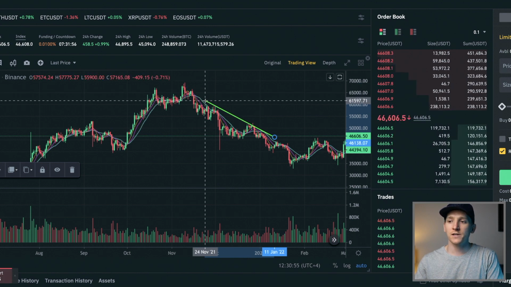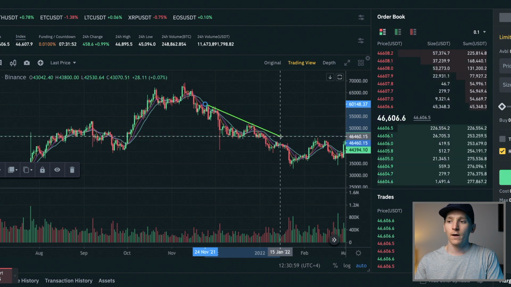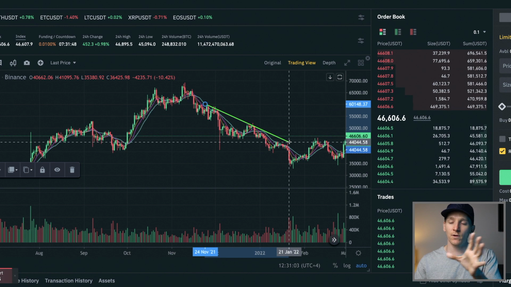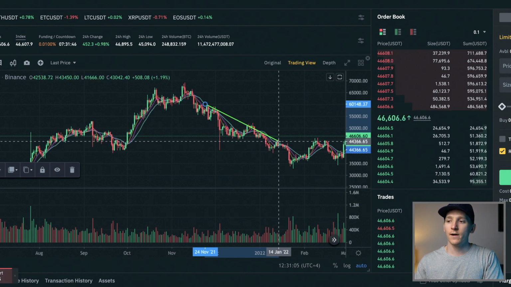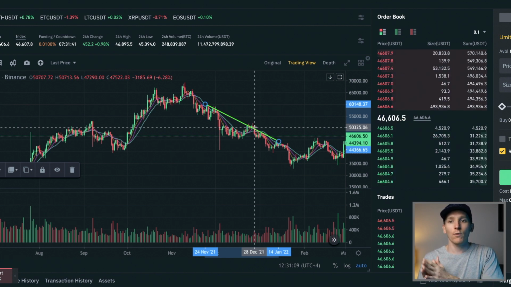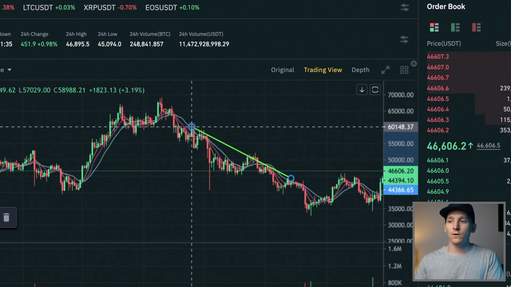So what I want to do is actually move this forward and give more precedence to more recent data. And then what you can do as time goes on, if you're looking here as well, is say, you know what, I'm actually going to cut this a little bit because trend lines are not perfect. The chart is not perfect. And so another tip would definitely be, when you're drawing trend lines, to think not just as a line, but more of a channel.